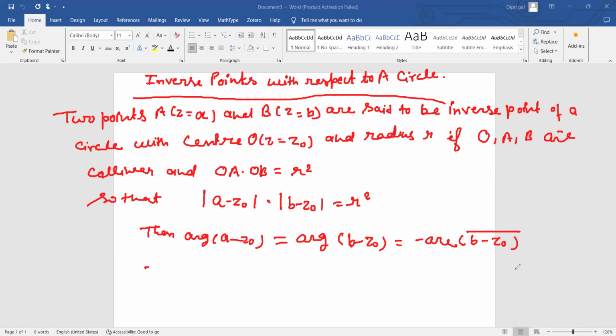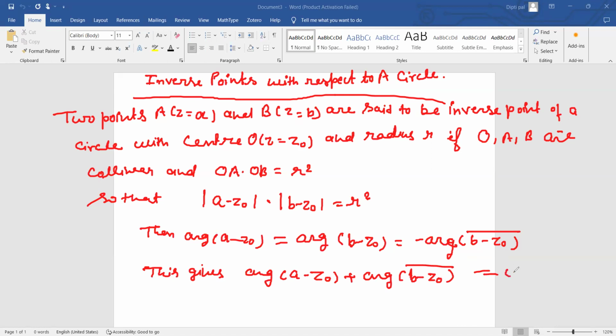This gives the argument of A minus Z0 plus the argument of B minus Z0 bar will be 0.